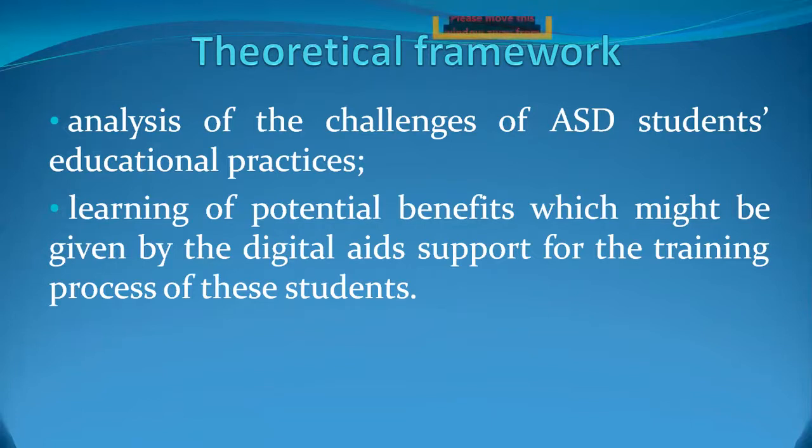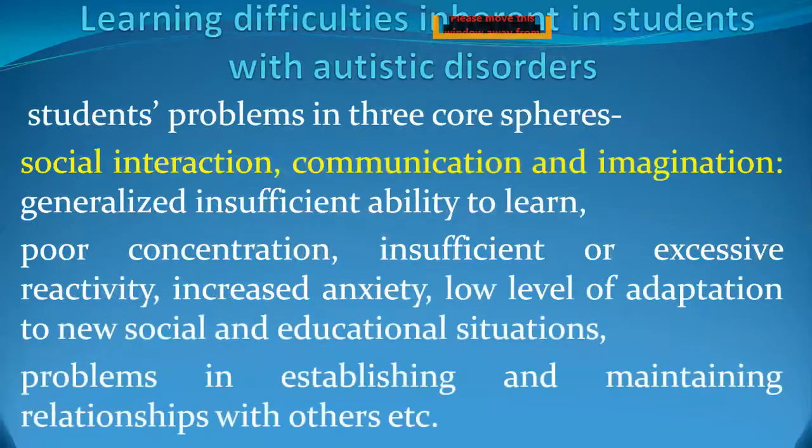Analysis of psychological and pedagogical sources allowed us to identify a number of major learning difficulties that are inherent in students with autistic disorders. According to studies, the learning difficulties are caused by students' problems in core spheres such as social interaction, communication, and imagination.